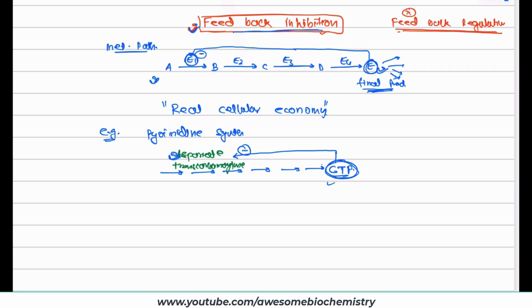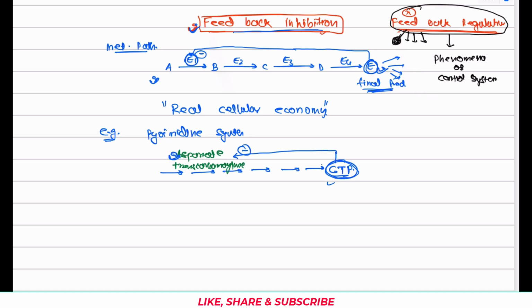Now let us look at feedback regulation. What is feedback regulation? See, feedback regulation is actually a phenomenon of a control system. Feedback regulation has many different types, and one particular type, which represents one very specific mechanism, is feedback inhibition.